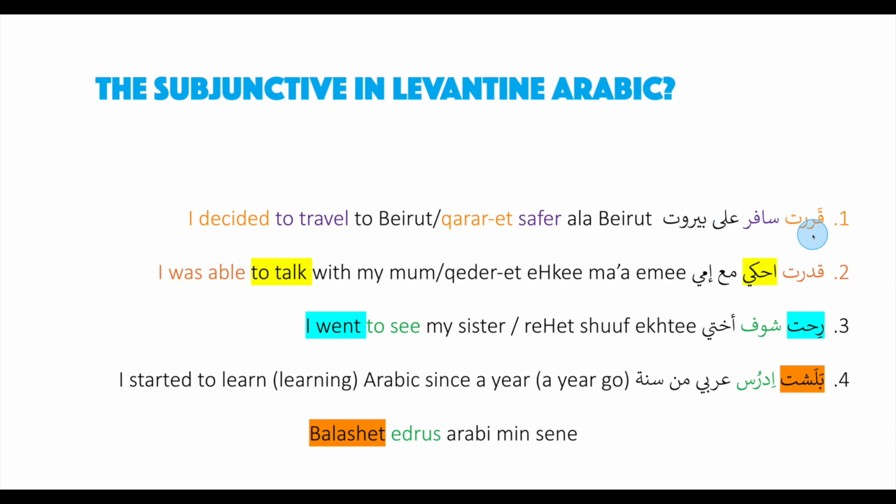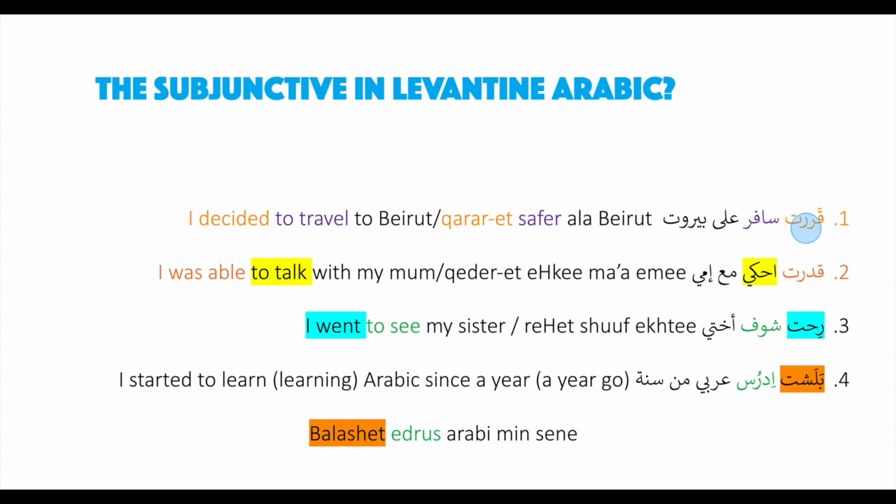Our first example, قررت سافر على بيروت. Here we've got the subjunctive, because the subjunctive, in a nutshell, is a verb followed by a verb. قررت سافر. The normal way would be for people to add the ba conjugation, so they'll say قررت بسافر, which, as I mentioned earlier, you could certainly do.